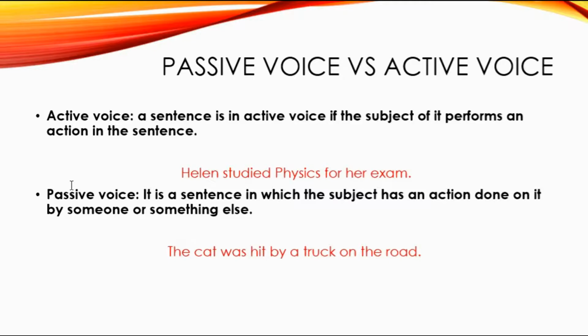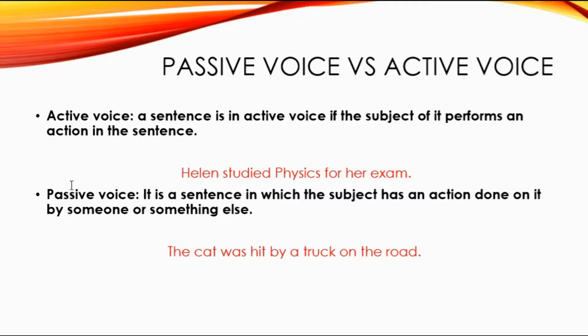Starting from active voice. Active voice is a sentence that has a subject, and the subject performs an action in the sentence, right? So in this case, my subject is doing something.